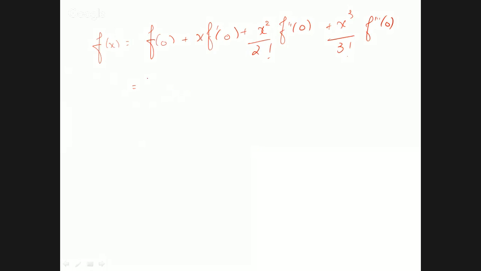Some questions are expected from Taylor's theorem and Maclaurin's theorem. We may have to see Taylor's theorem for a function of two variables and Maclaurin's theorem for the function of two variables in the next class. Please practice more problems in Taylor's and Maclaurin series.